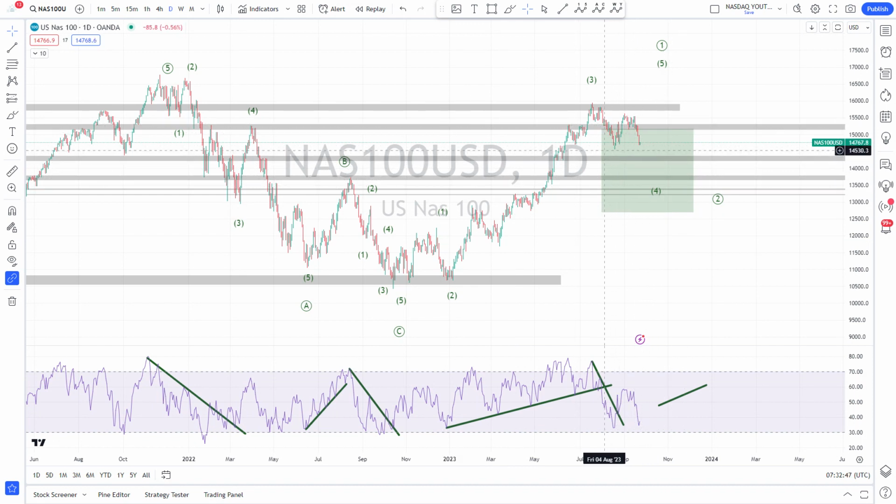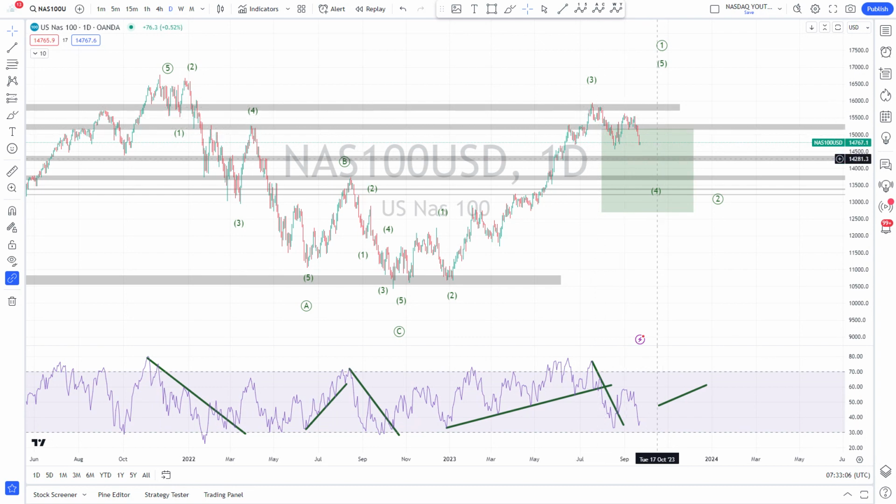But for now, it's not really relevant to study this in more detail. We just have to be aware that it is a possibility. So now let's concentrate here on this wave 4.